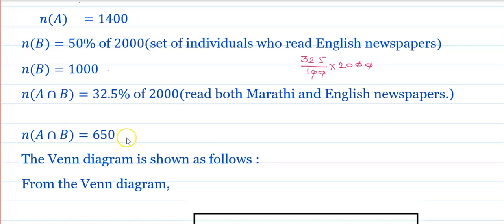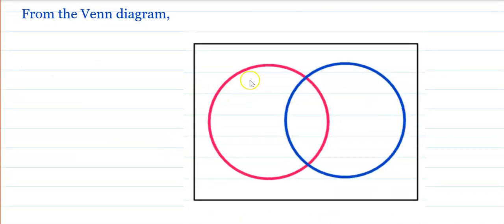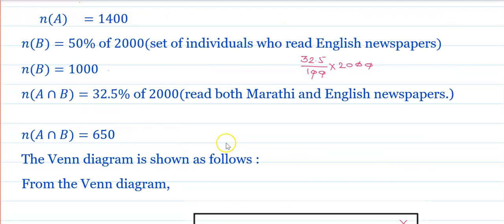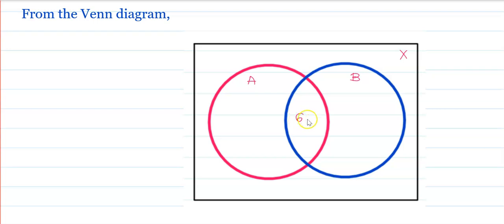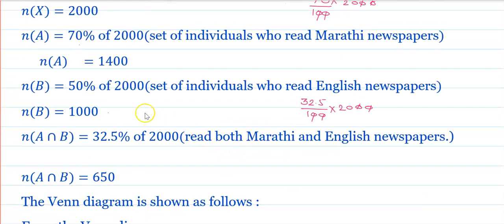Now we'll see the Venn diagram. Here first I will write A, the first newspaper, which is Marathi. Next B, the English, and here the universal set. Their common part is 650. Take it here, 650 who read both newspapers. What about the next?